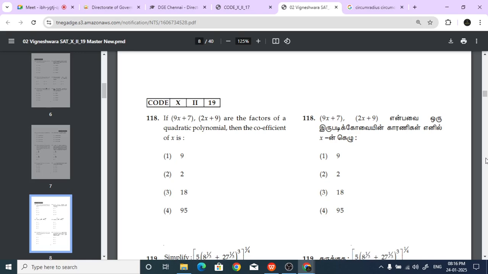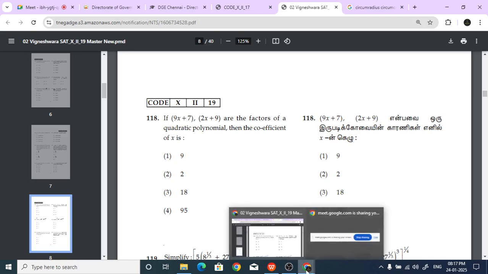Check, the coefficient of x, not x square. 9x into 9 is 81x, so 81 will be a coefficient. Then 7 into 2x is 14x. So 81 plus 14 will be how much? 95 is the answer.